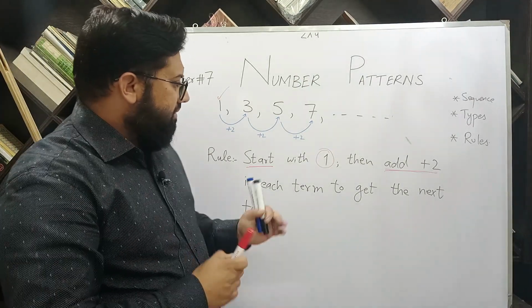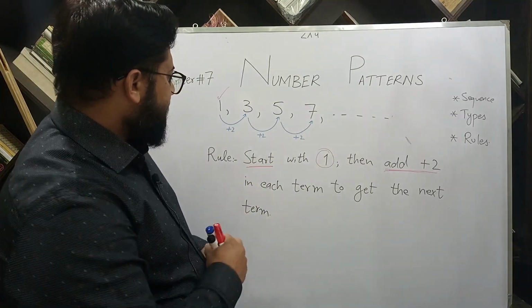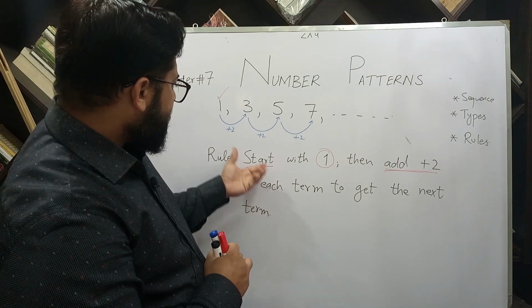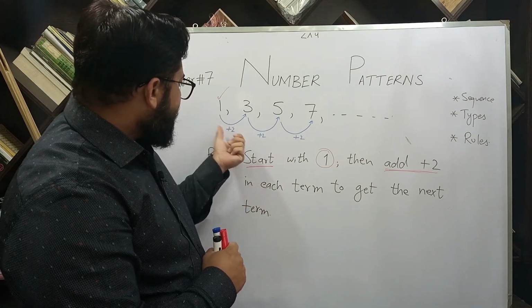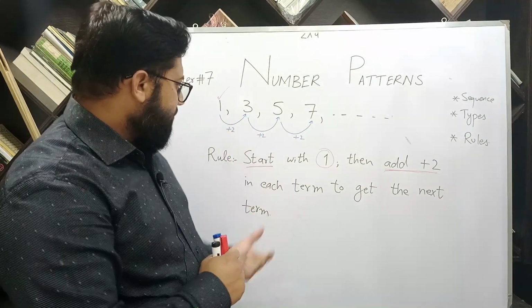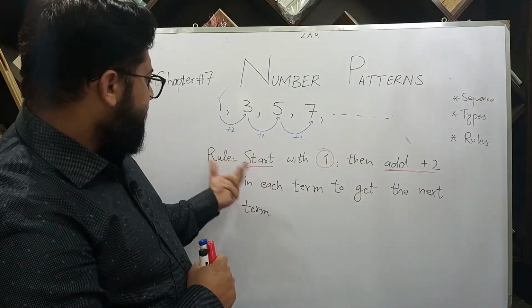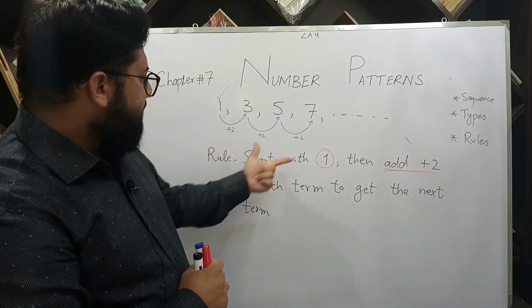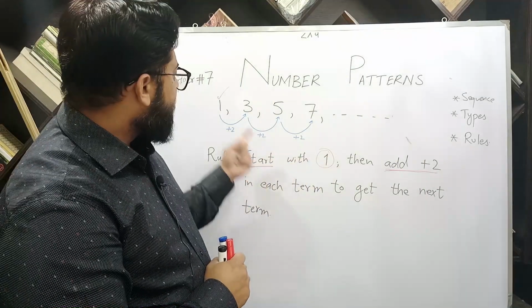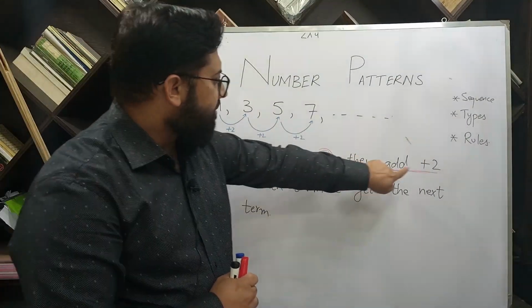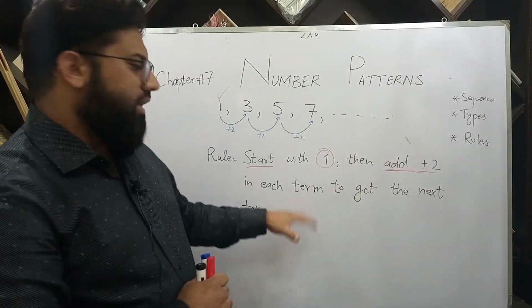So in this sequence, in every term we are adding 2, and we write the rule as: start with 1, then add 2 to each term to get the next term.